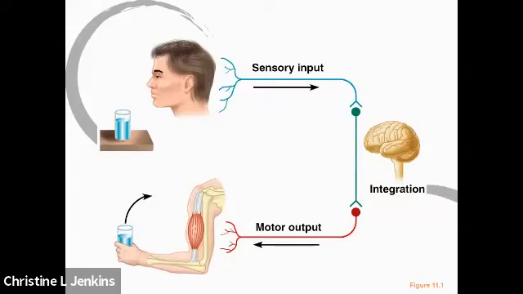Maybe there's other sensory input from his stomach because it's less stretched, from the hypothalamus, his thirst center. That sensory input goes to the brain where it's processed. And in this case, the motor output goes to the skeletal muscles that will pick up that delicious glass of water. Okay.